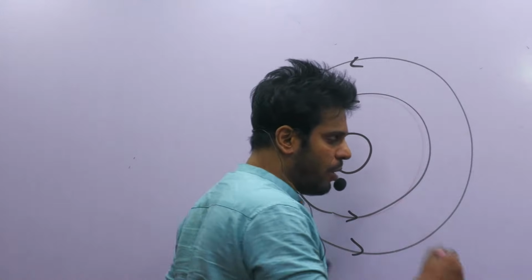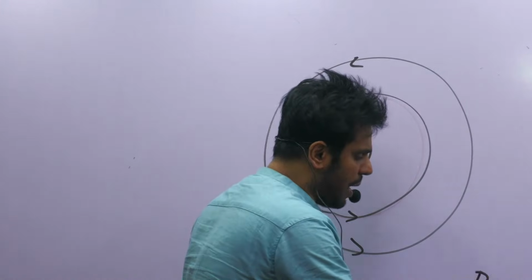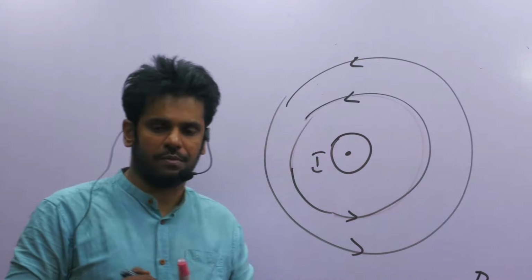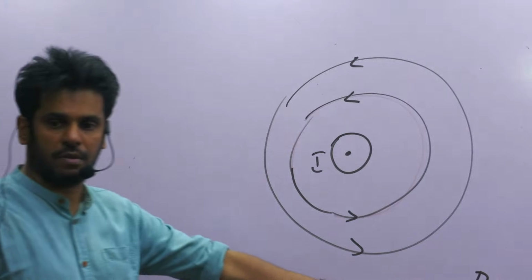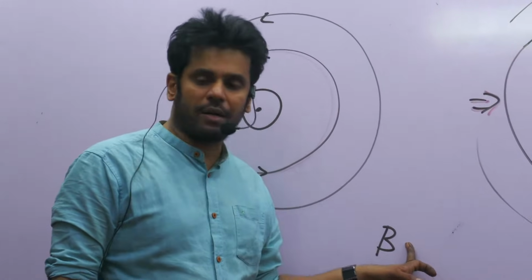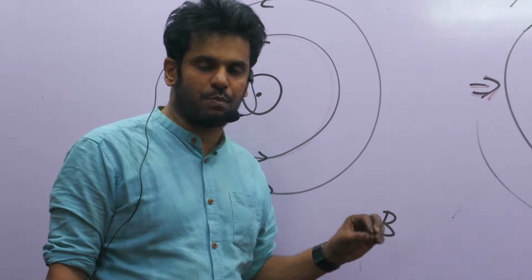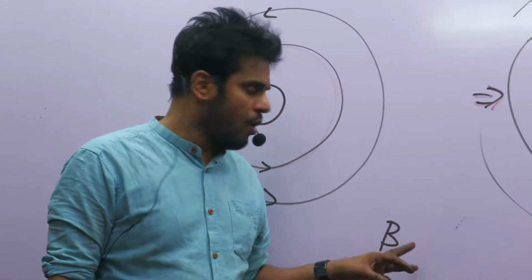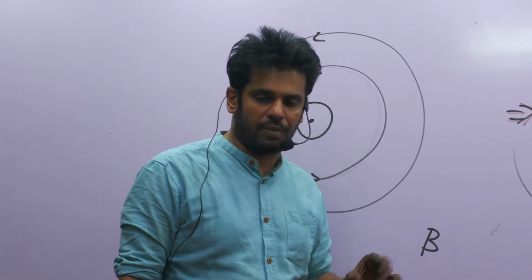Now, normally magnetic fields we write capital B. Capital B represents magnetic field intensity or magnetic flux density or magnetic field.